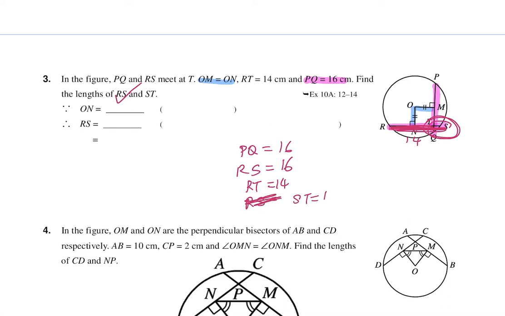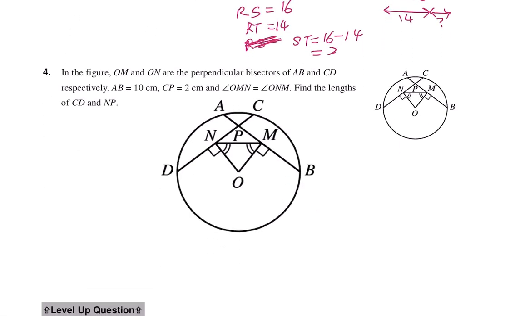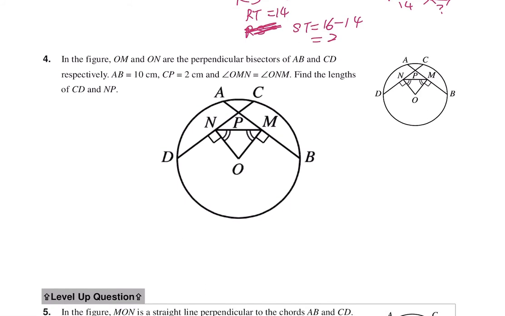ST will be 16 minus 14, 2. Yeah, if you see it clearly, the whole thing is 16. RT is 14. So what is left? Yep, 2.